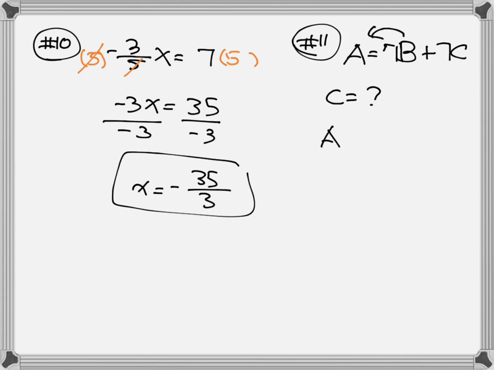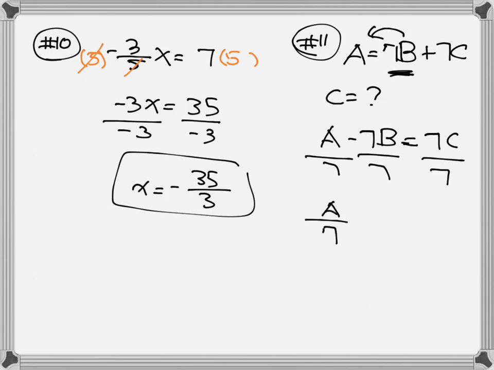So we have A minus 7B. Every time you move, you switch the sign. Plus becomes minus, minus becomes plus. Because over here is positive 7, so when you move to the other side, it becomes negative 7. Then after that, we divide everything by 7. So A over 7 minus B is equal to C. Then that is the answer.